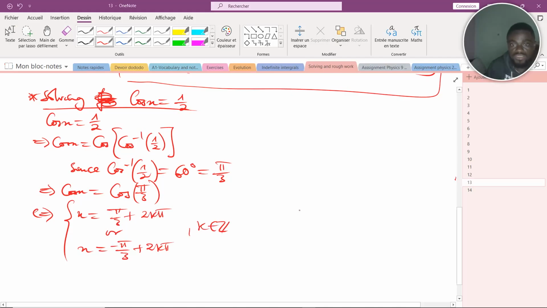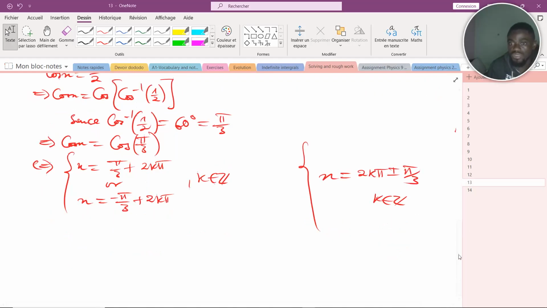Or you can still give the general solution in which form? Our x will be equal to what? You write here 2k pi plus or minus pi on 3, the general solution, with k belonging to Z. You see that is the same thing. You have your 2k pi and plus or minus pi on 3. Is that okay?